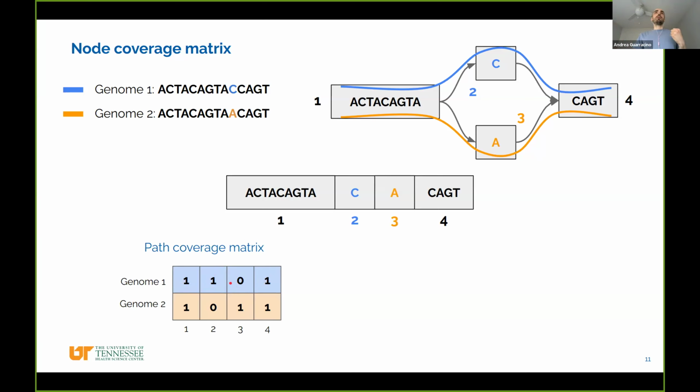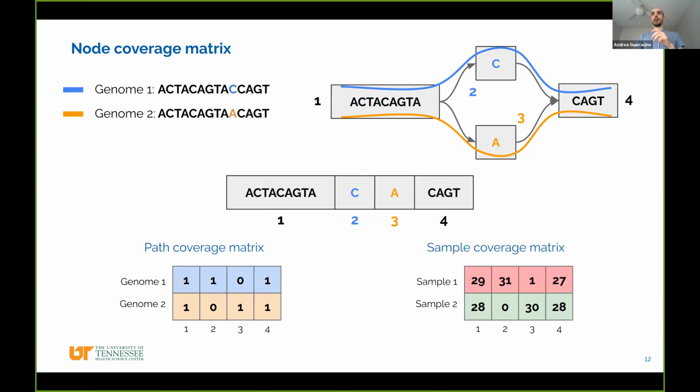But if you also have, for example, a short read sample, and you map the short reads against the graph, you could count how many reads map on each node. You can produce a sample coverage matrix. If your sample has roughly 30x coverage, this is an example of what you could get.